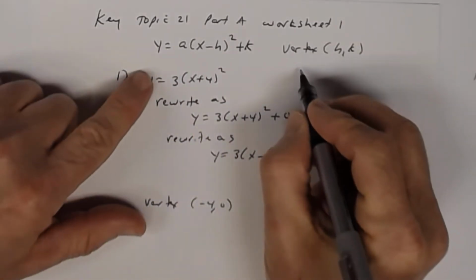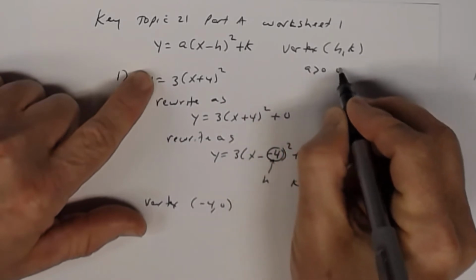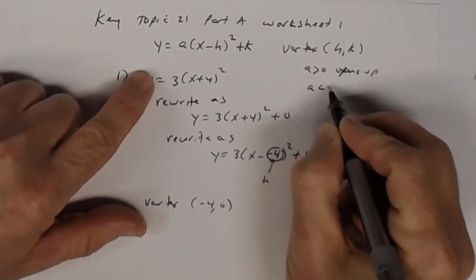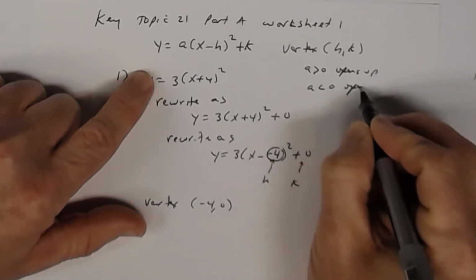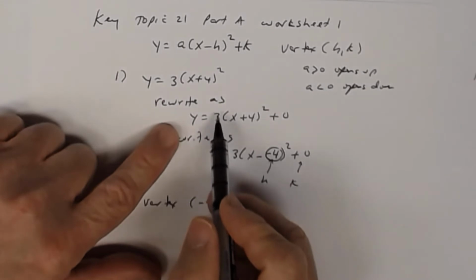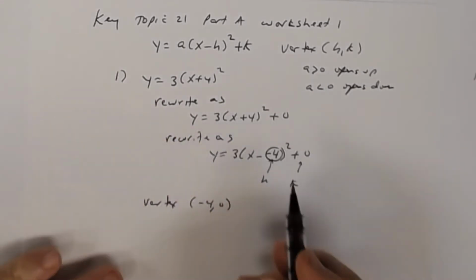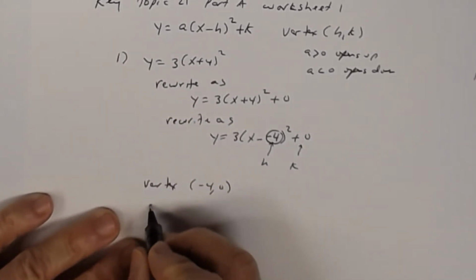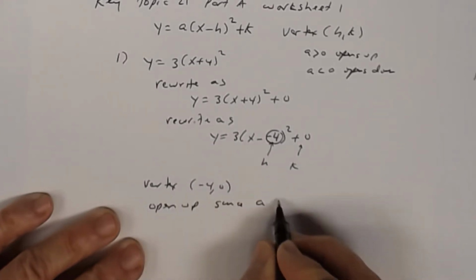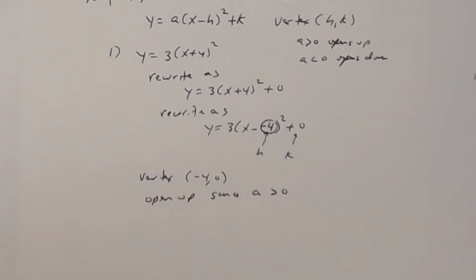If a is positive, it opens up. If a is negative, less than 0, it opens down. Notice that in our example, a is 3. So since a is positive, it's going to open up.